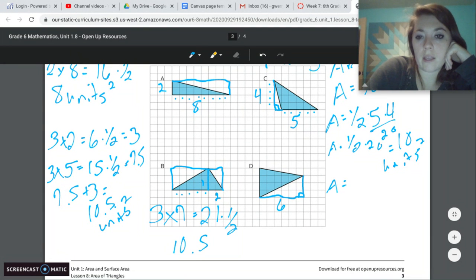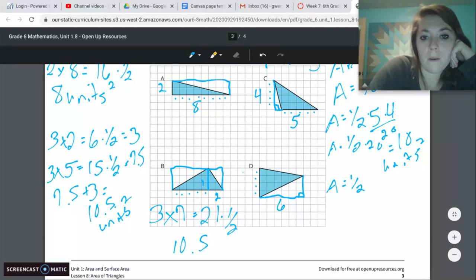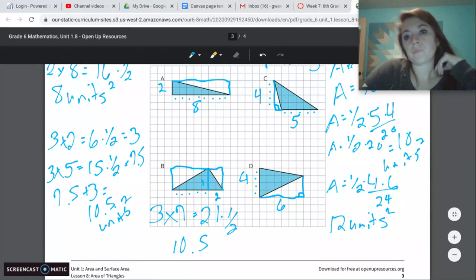So area equals 1/2. And we've got a height of 6 and a base of 4, so 1/2 times 4 times 6. 4 times 6 is 24. 24 times 1/2 is 12. So 12 units squared for that.